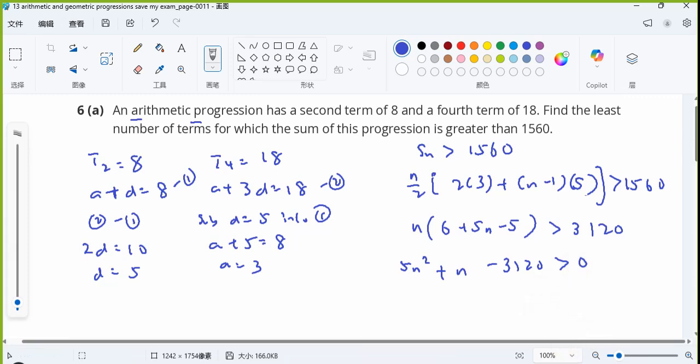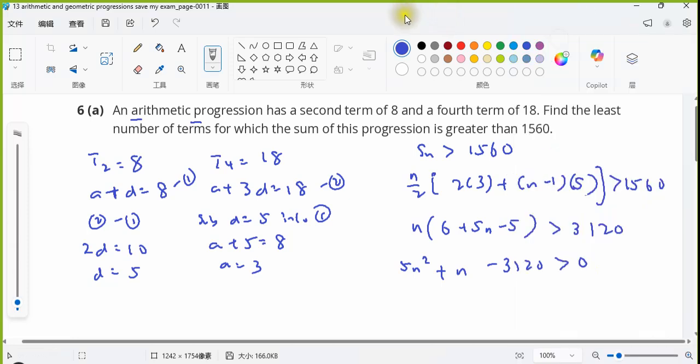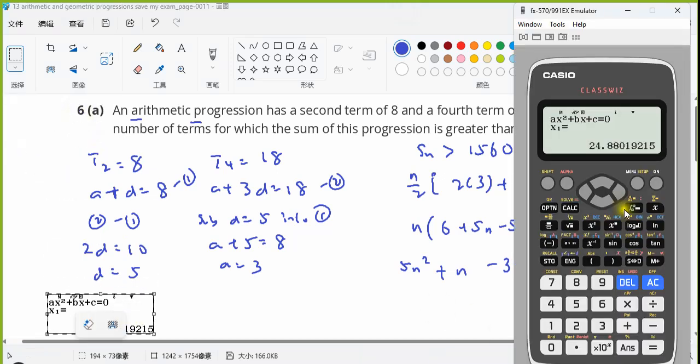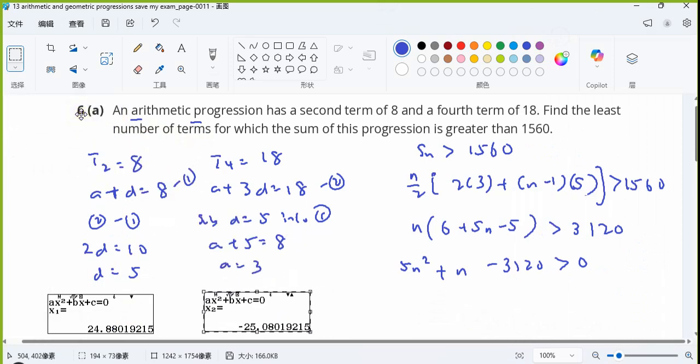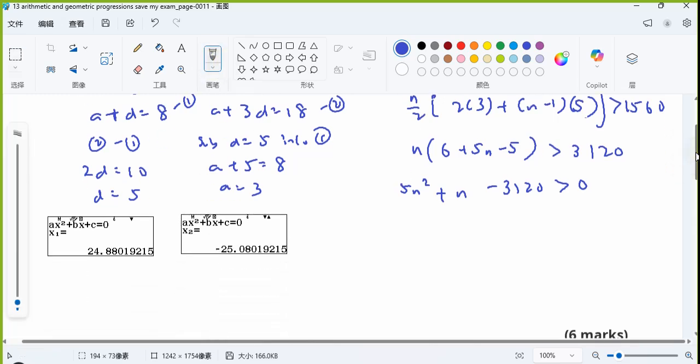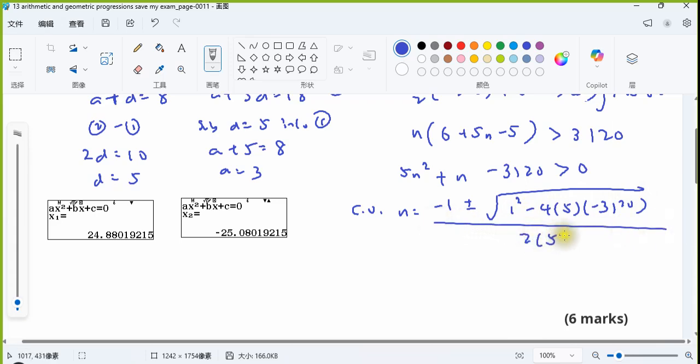Okay, so we have 5n squared plus 1n, and then just now this one is negative 3120. So we have the critical value n equal to negative 1 plus or minus the square root of 1 squared minus 4ac, divided by 2a.